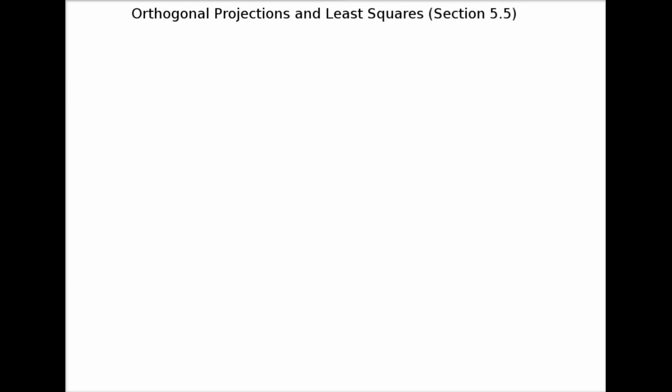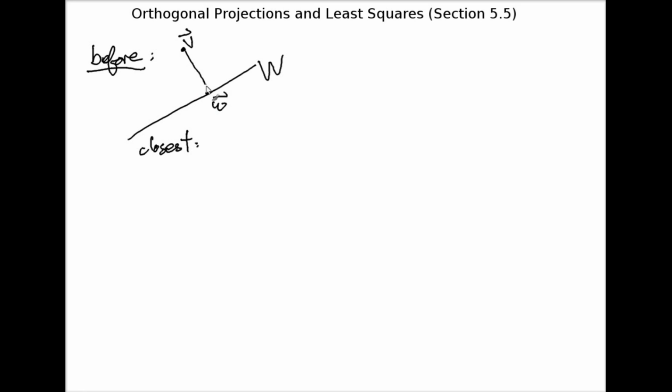Before I go on, let me just make one comment. So what we were doing before was we had the following picture. We had a vector V, and when I was looking for the closest point, I'm changing notation slightly here, but I looked for the point W such that this distance was minimal.